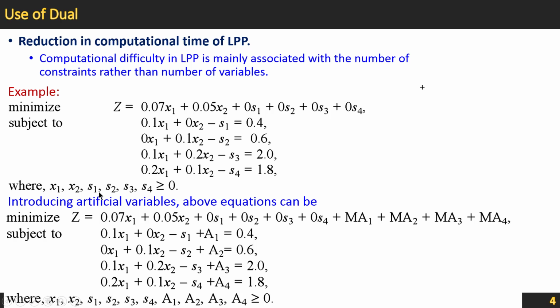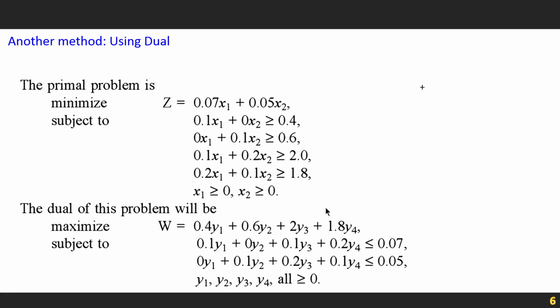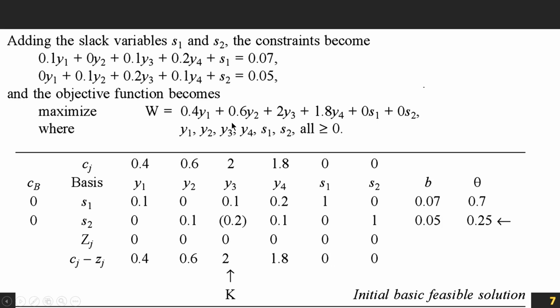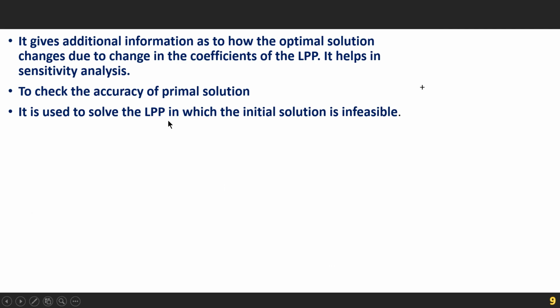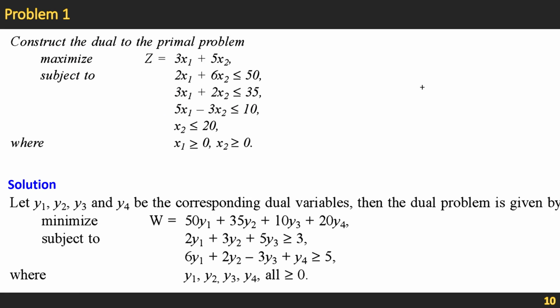So it is violating the non-negativity condition, which means it has an infeasible solution. That's why we added artificial variables, isn't it? If it has an infeasible solution, it can immediately be converted into the dual, and we will get a basic feasible solution, correct? So that's why it is used to solve the LPP in which the initial solution is infeasible. Understood?